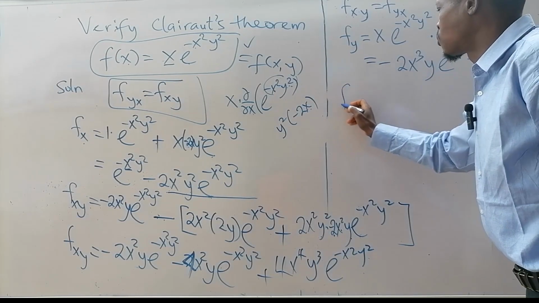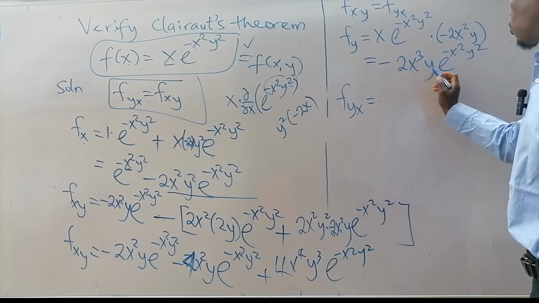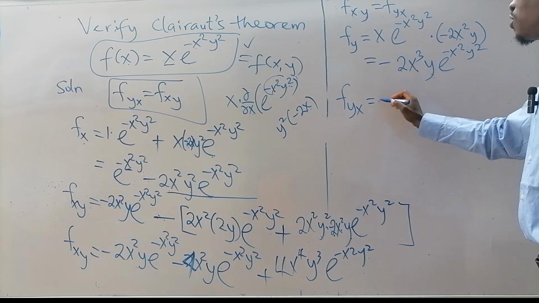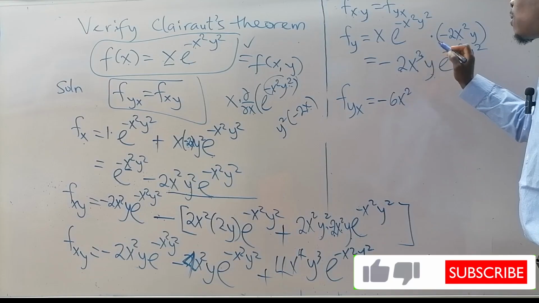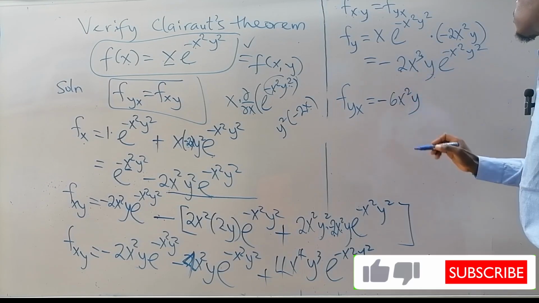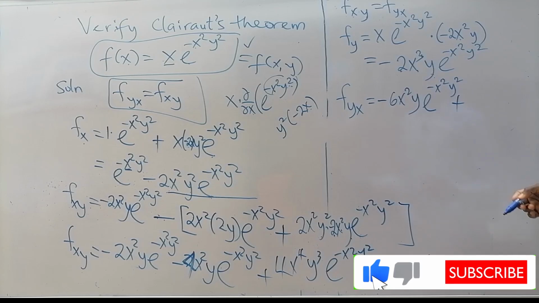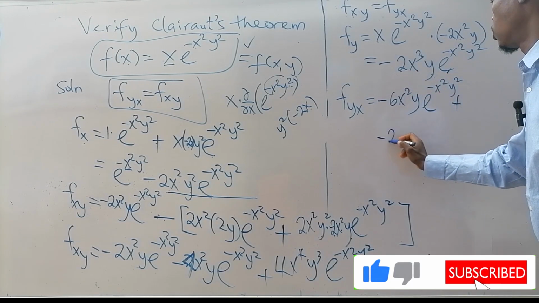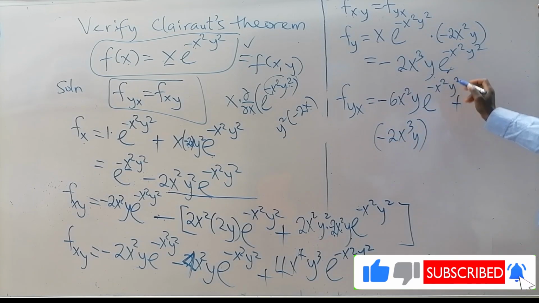So let's now differentiate this one with respect to x. Your 2 and y, they're constant. You're only differentiating x cubed, and that will give you minus 6x squared, 3 times 2, and then the power minus 1, y. You keep this one constant. Then plus, now keep this one constant, your minus 2x cubed y. Keep it constant and differentiate this one with respect to x.